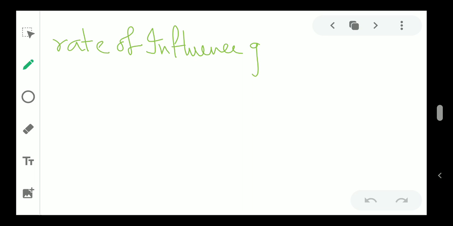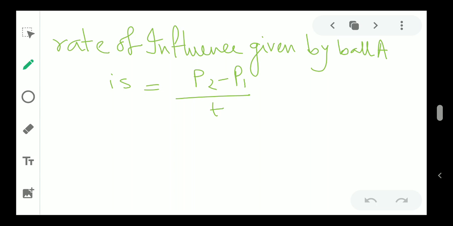So to know that, the rate of influence given by ball A is P2 minus P1 by time. That means how much faster it is happening. And this rate of influence is nothing but the term that you are much familiar with, that is your force.